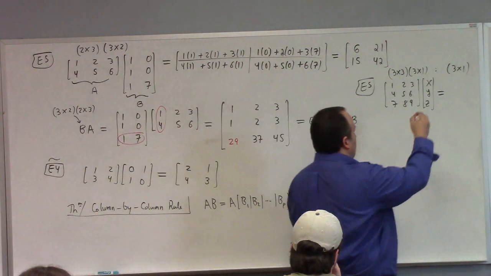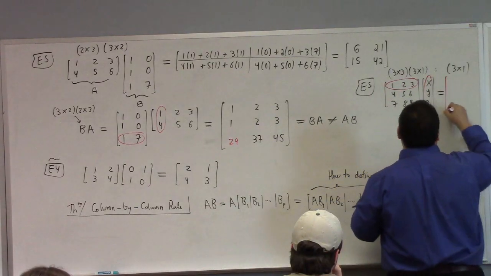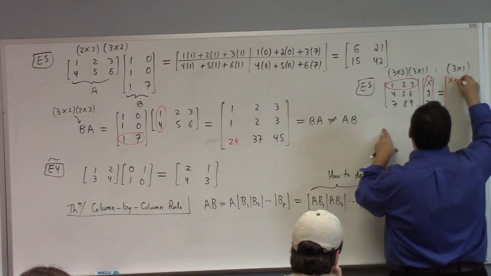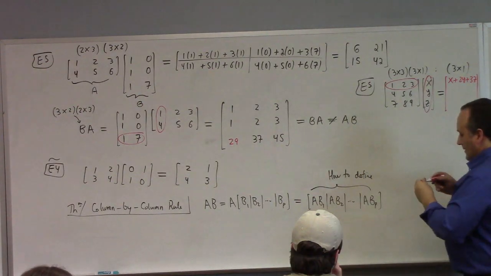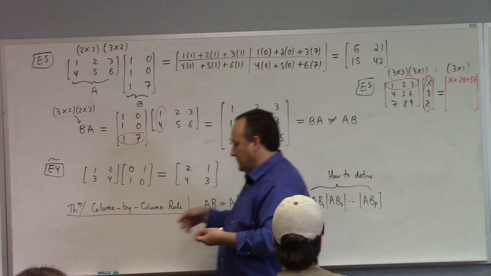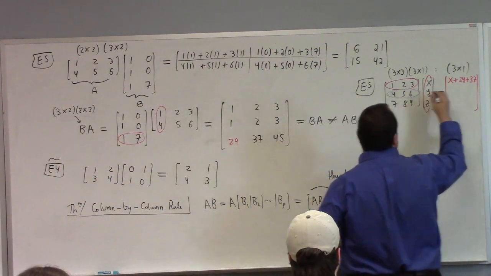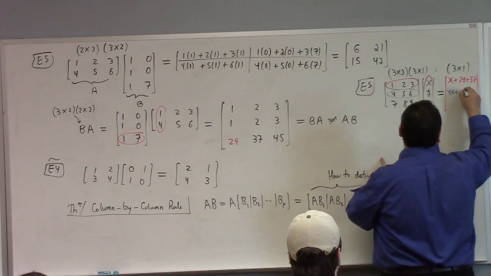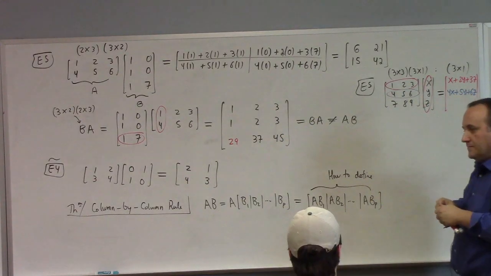So what you do is you take this dotted with that. That's the first component. So like x plus 2y plus 3z. Then you take that column, dot the second row for the second component, which gives us 4x plus 5y plus 6z, right?